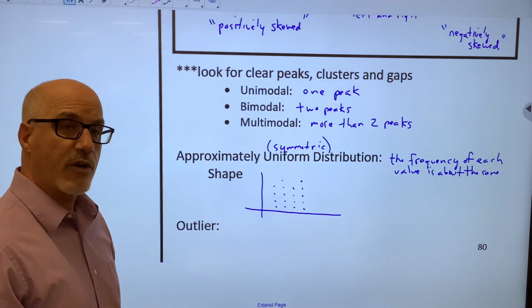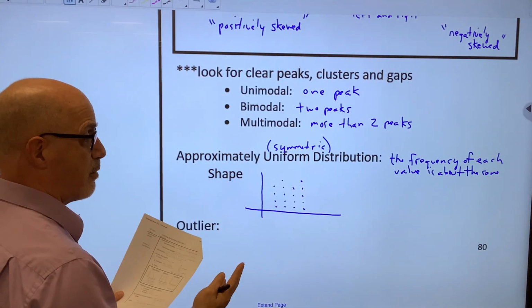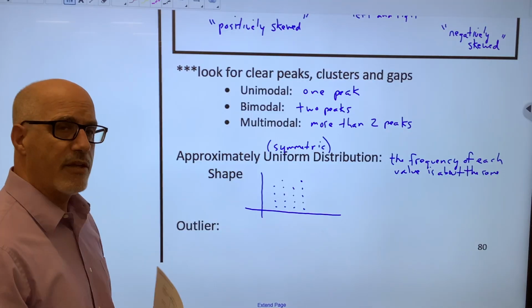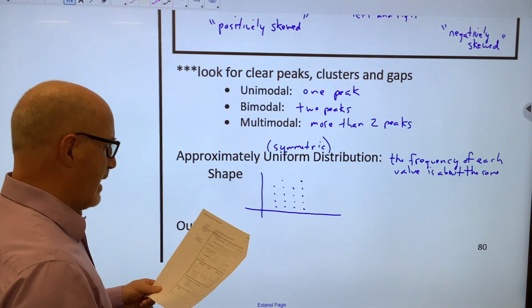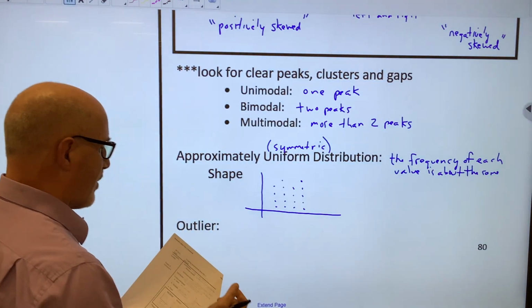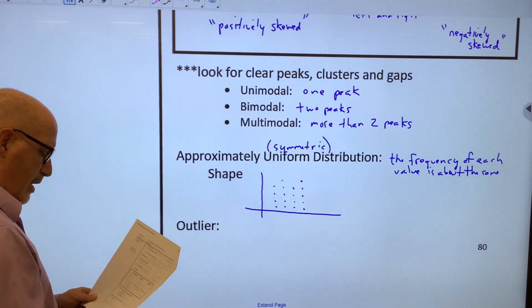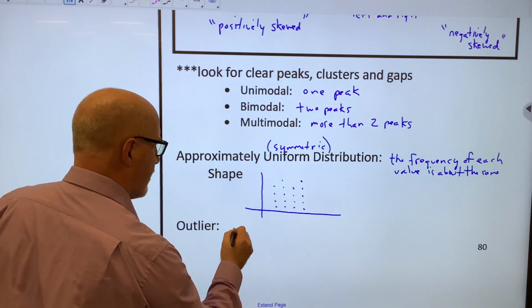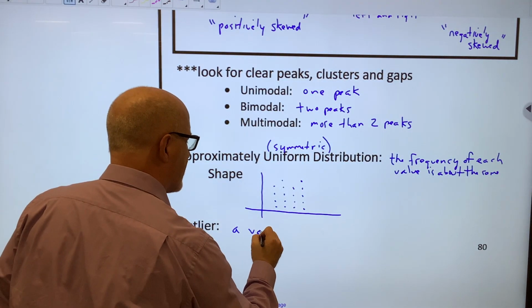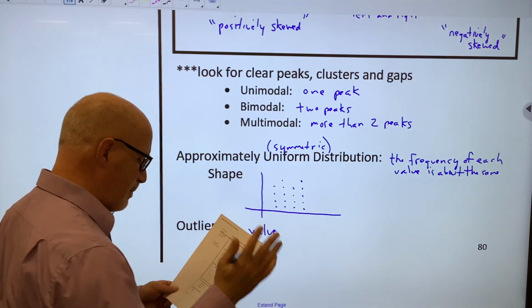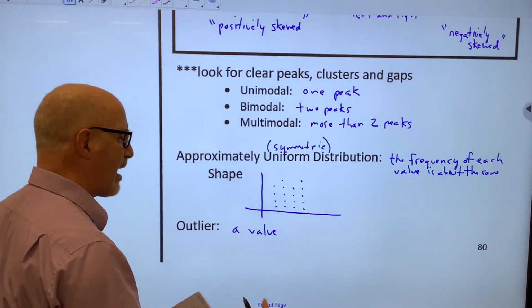Remember, when you look at a graph, it's what do I see? I see it pretty much straight across. That would be a uniform distribution. Okay, last piece of vocabulary here is an outlier. So an outlier is a value that falls outside of what we would expect or what the overall pattern is.